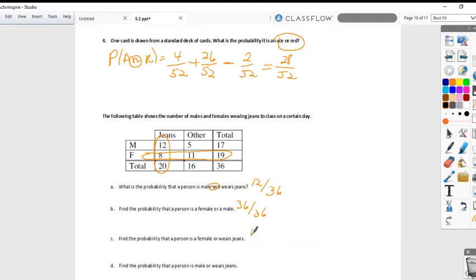So it's going to be 19 over 36 plus 20 over 36, minus, what did I do both? Minus, do you see that 8? I did both over 36.